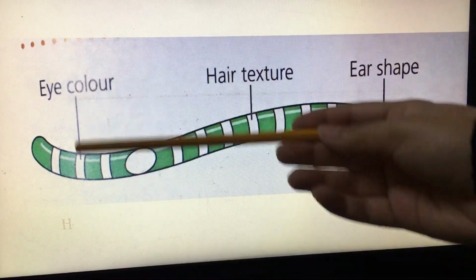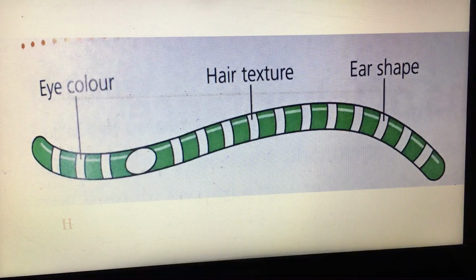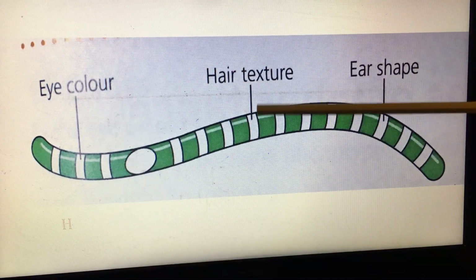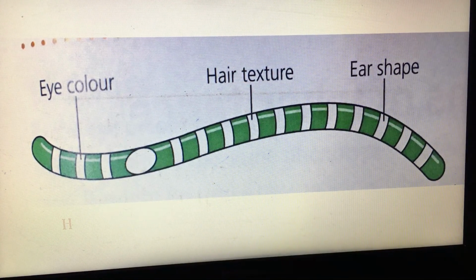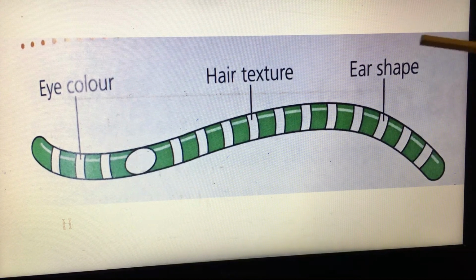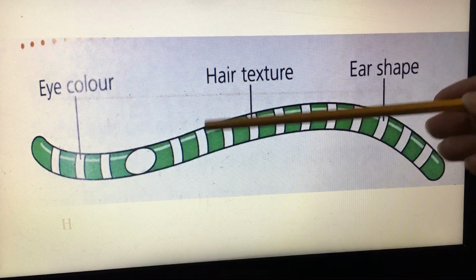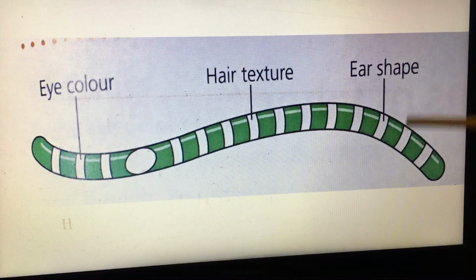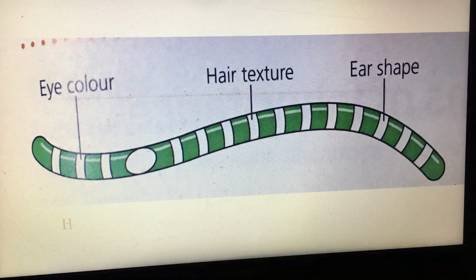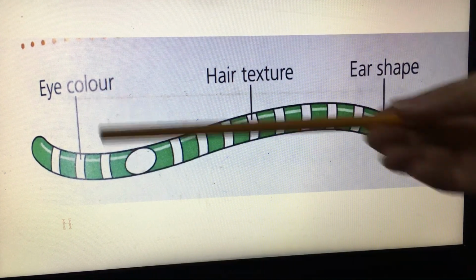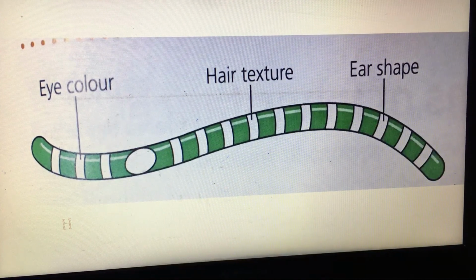For example, here is the position of eye color, here is the position of the hair texture gene, and also the position of ear shape is here. So you will not find the gene of ear shape here or here. It has its own fixed position. Also for hair texture, eye color, and other characteristics in our bodies.